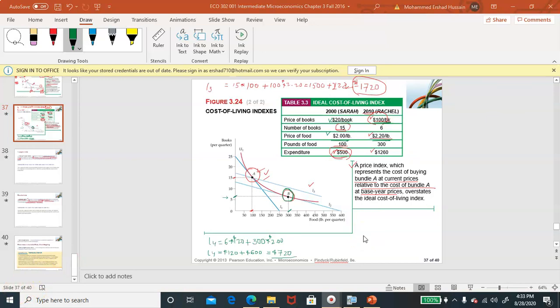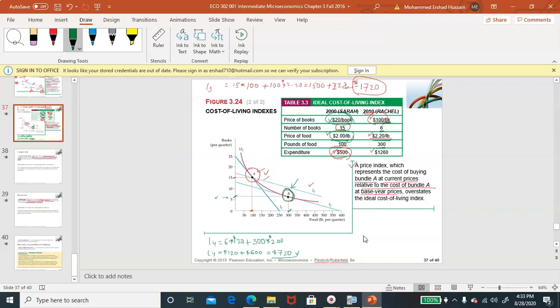We are finding out the cost of buying that bundle B at the base year price. So we use this $20 for books and $2 for the price of food, and the quantity is coming from the new one. B is 6 and 300. See here, B is 6 and 300. This one. So we find that this is 720.